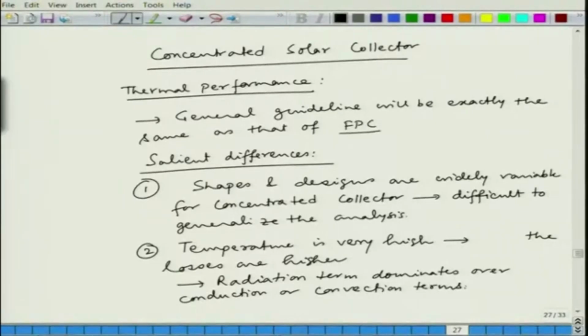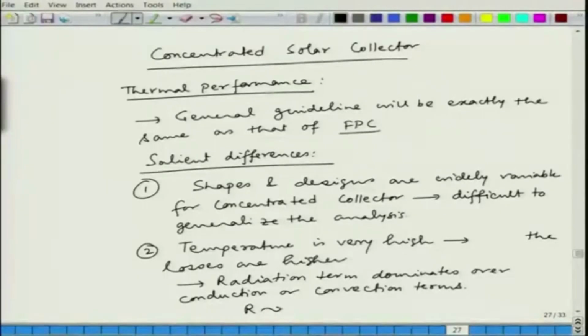What do we mean by that? You have several losses, right? One thing is conduction through the edges, convection through the air layer, and you have a radiation term. Now, radiation term depends on the fourth power of temperature, right, and both conduction and convection terms, they depend on the first power of temperature.